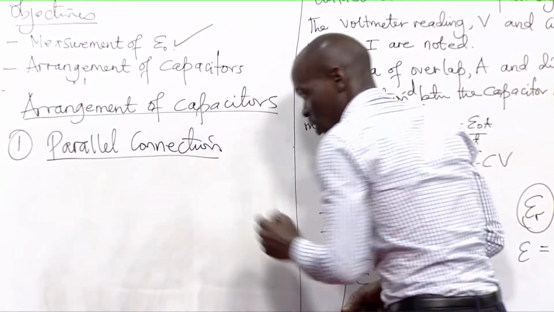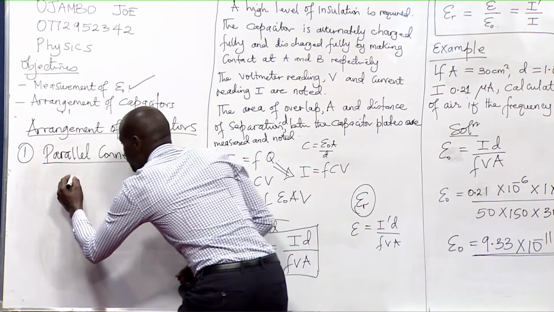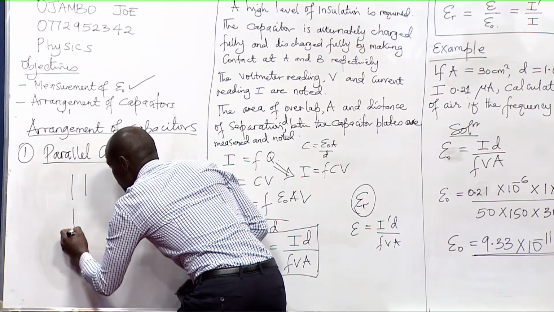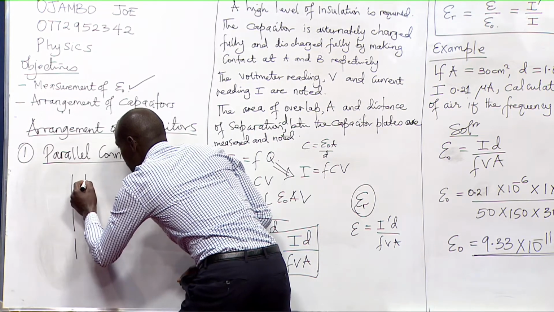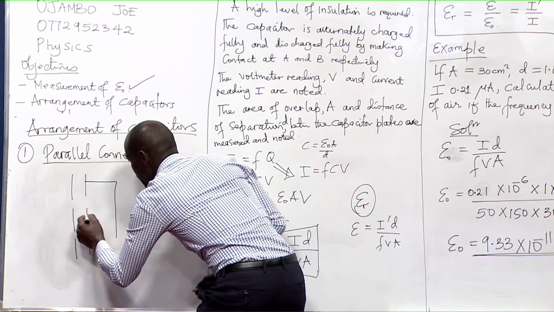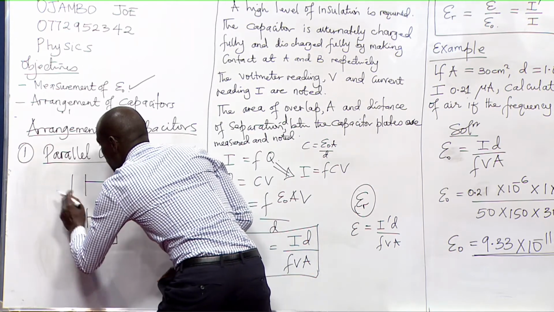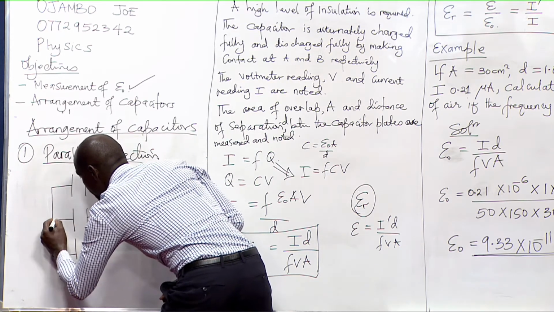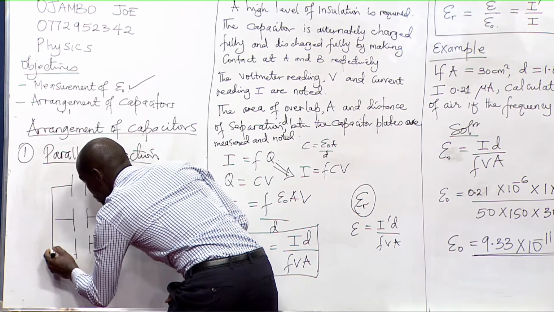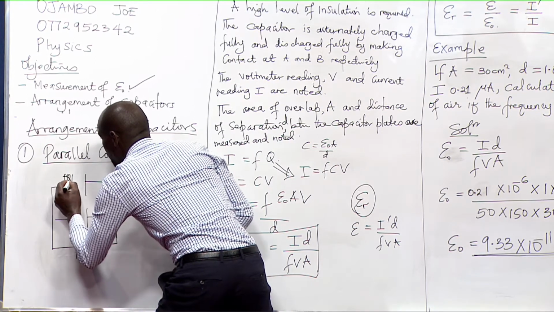So for the parallel connection, we are going to discover that we shall have the capacitors arranged such that the corresponding ends are joined together. Suppose the charge on this one is Q1.